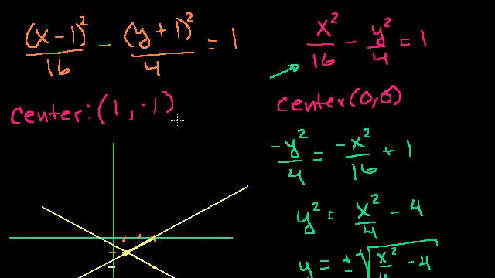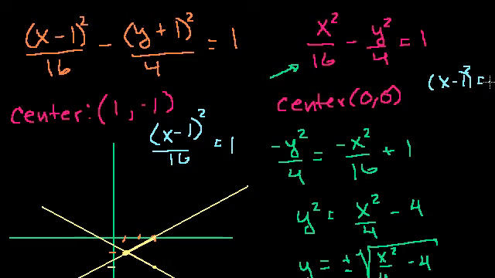So when y is equal to negative 1, you're left with x minus 1 squared over 16 is equal to 1. Right? I just canceled out this term because I'm saying what happens when y is equal to negative 1. You multiply both sides by 16. These get messy. x minus 1 squared is equal to 16.